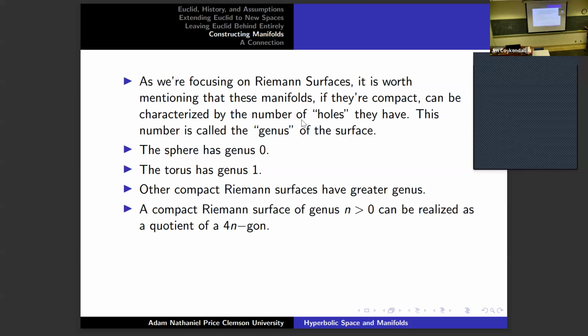Now I'm going to mark which ones are which. Then this was the original line. This is this one, and this is this one.